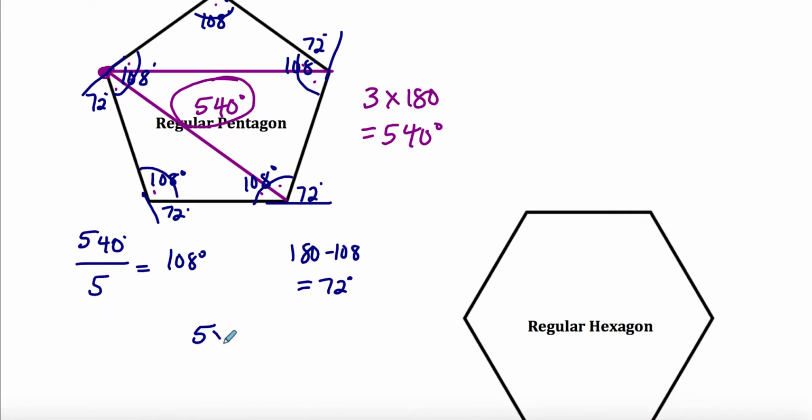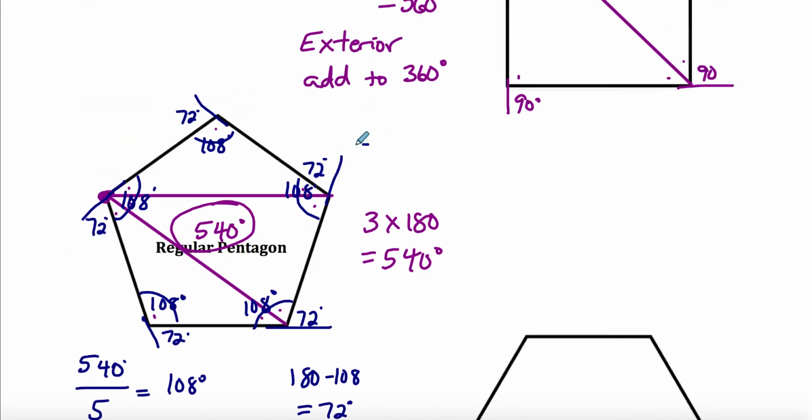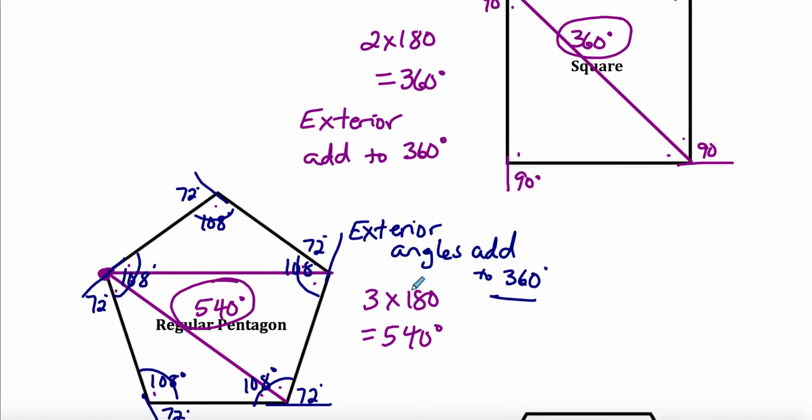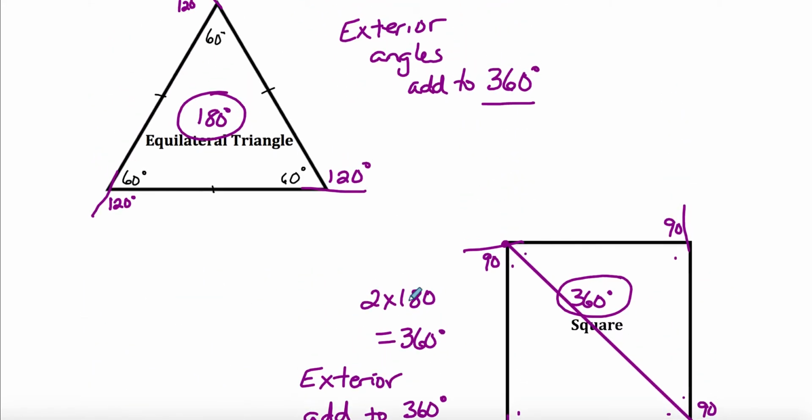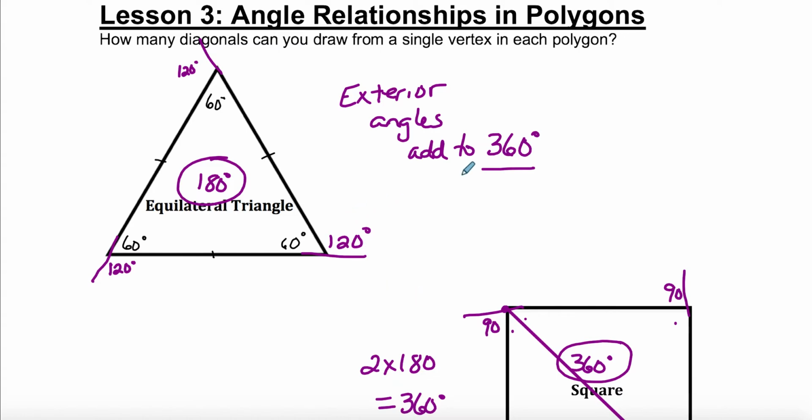So 5 times 72 degrees is 360. So we're seeing that that number is consistent. The exterior angles here add up to 360 again. So I think it's going to be a safe assumption that for any shape, isn't that interesting? For any shape, the exterior angles add up to 360 degrees.